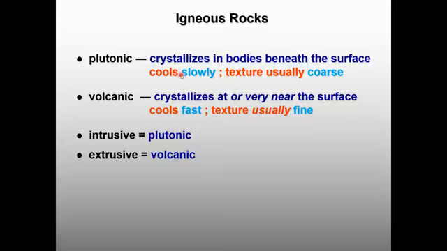Volcanic rocks, on the other hand, crystallize on top of, or at least very near the surface, giving the opportunity to lose heat fast, and that produces fine-grained or aphanitic textures. We call these intrusive igneous rocks plutonic igneous rocks because they're in the underworld, like Pluto.